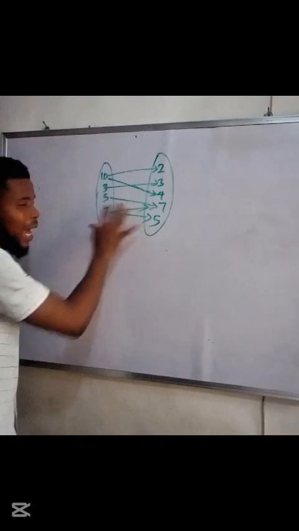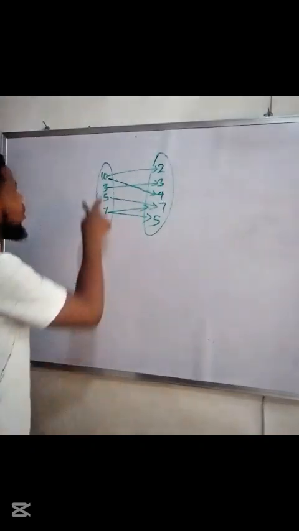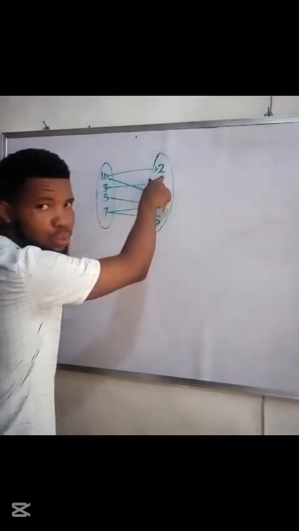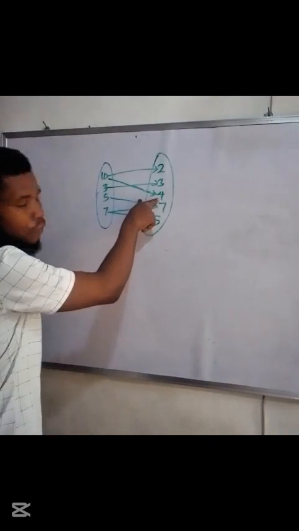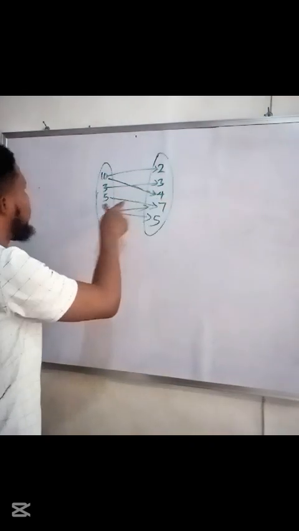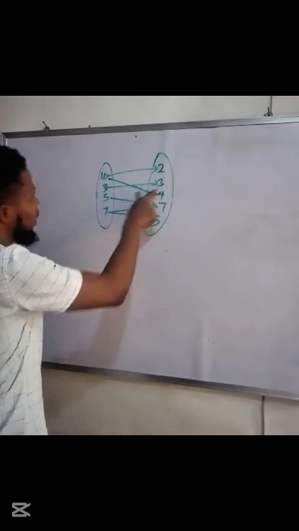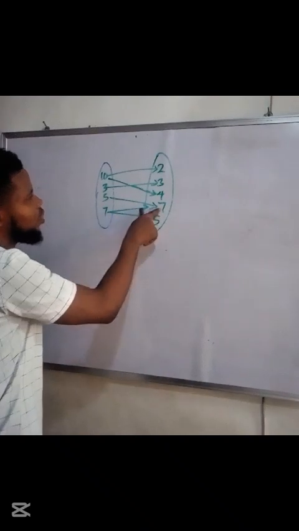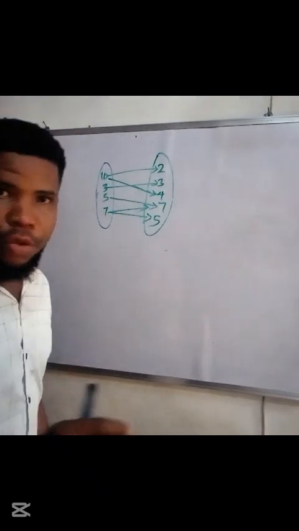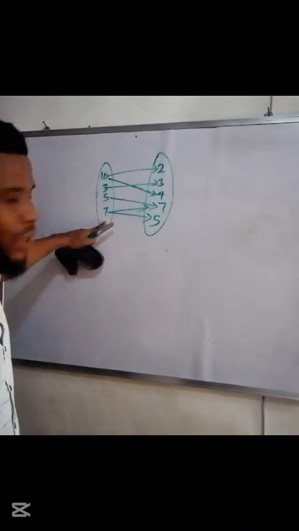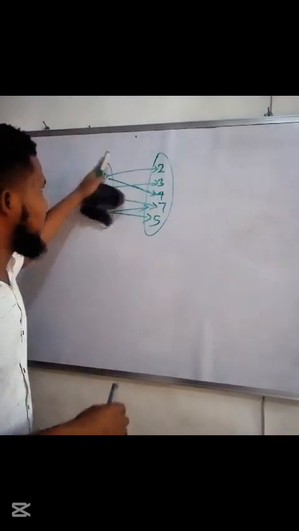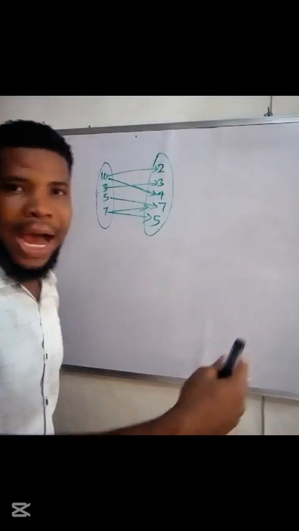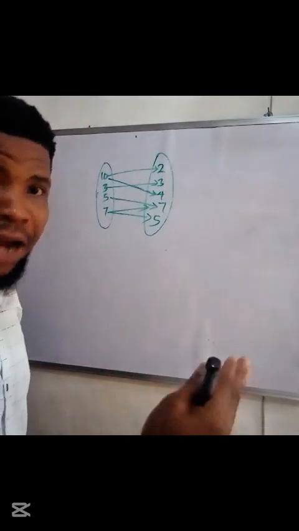Look at this outside element now. Now watch. You see that 10 produces 2, and 10 produces 4, okay? 3 produces 10, and 5 produces 7. 7 produces 7, 7 produces 5. You see that some of the elements in this set have multiple outputs.